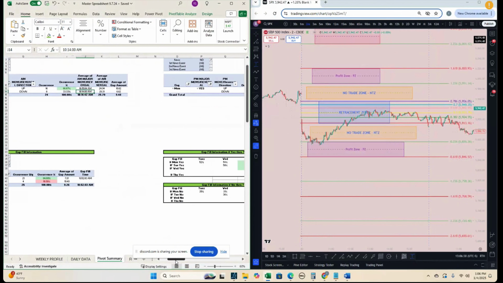And so typically that 10 a.m. candle is going to be your distribution candle. So what you'll see is, if we start the candle here, you might get some manipulation and then you might get your move up. That's why that 10:15 will start to move.